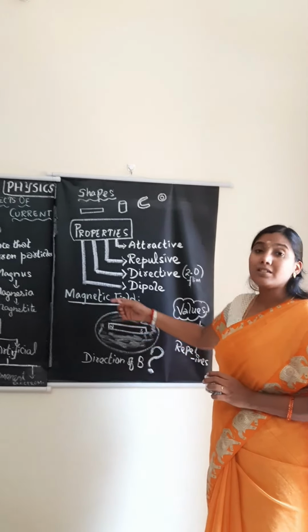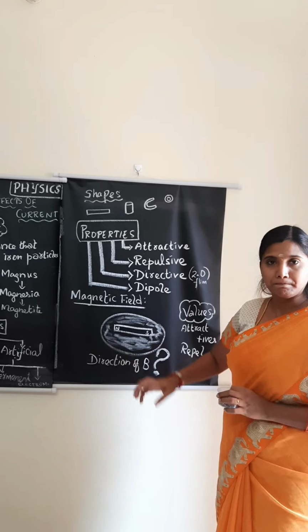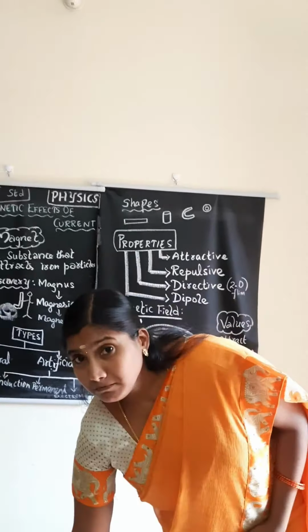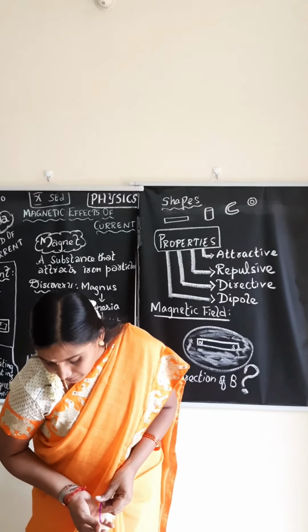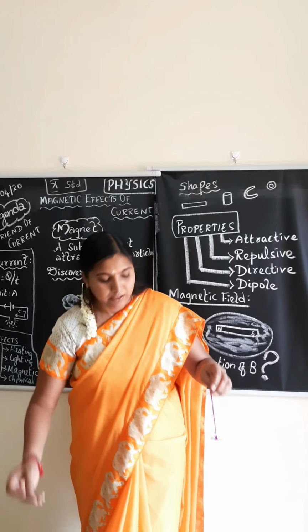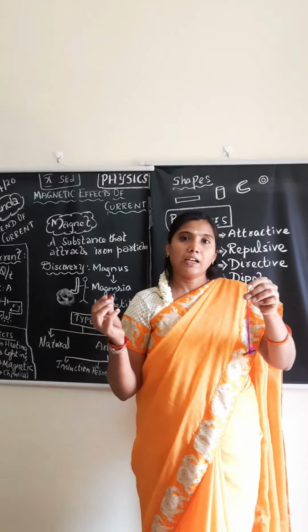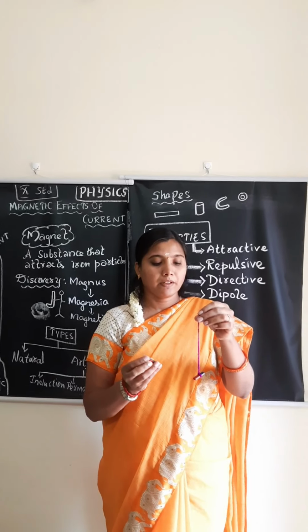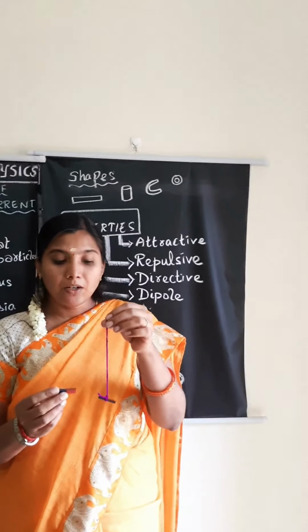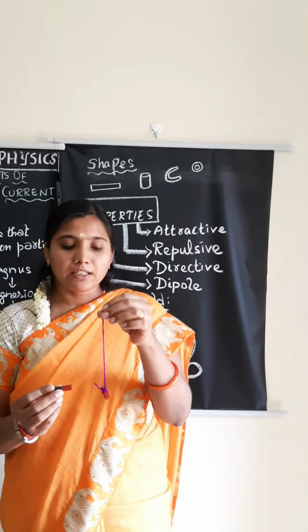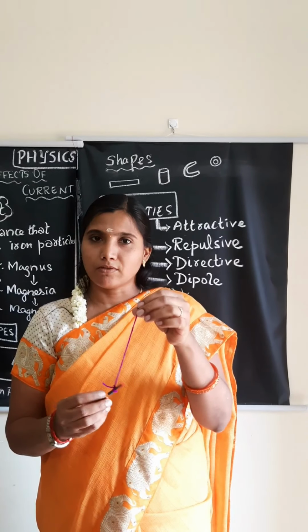The next concept is magnetic field. I am suspending a magnet. I am bringing it towards it. Is it attracting or repelling? It's not doing it. But as I go near it, you can see the magnet getting aligned. It comes up.